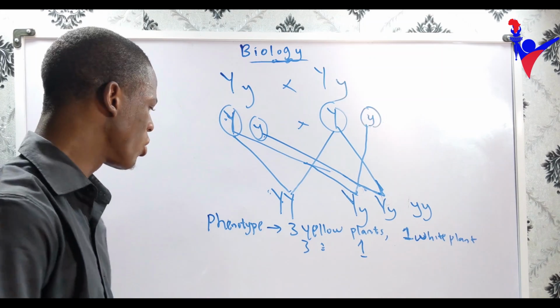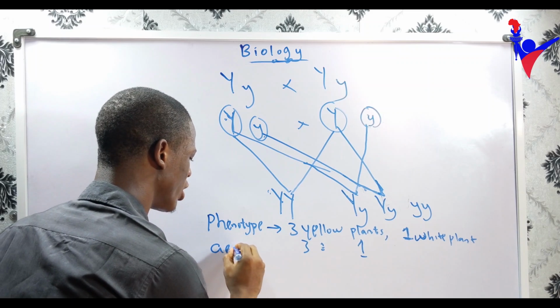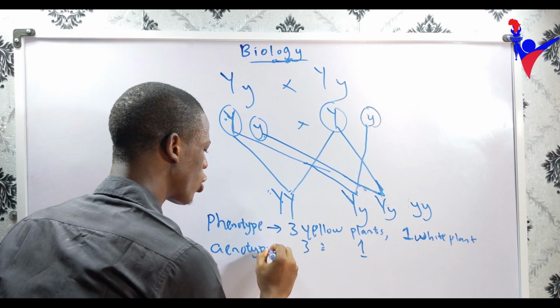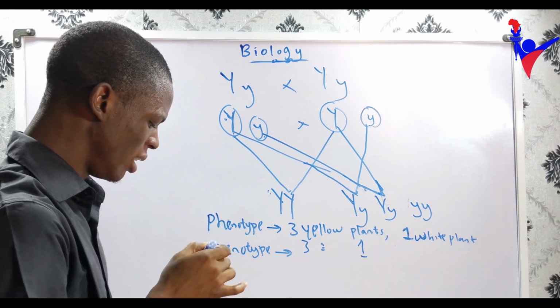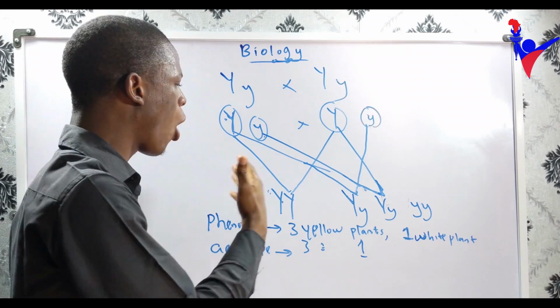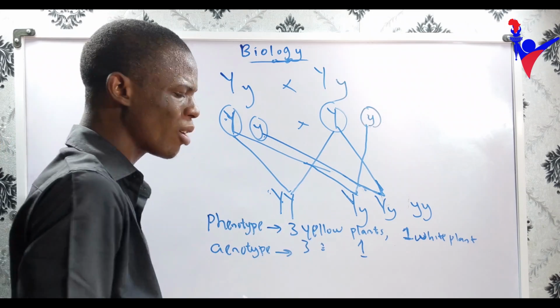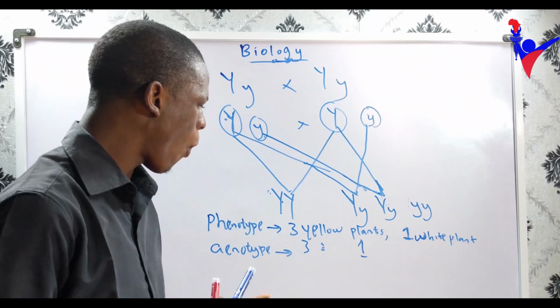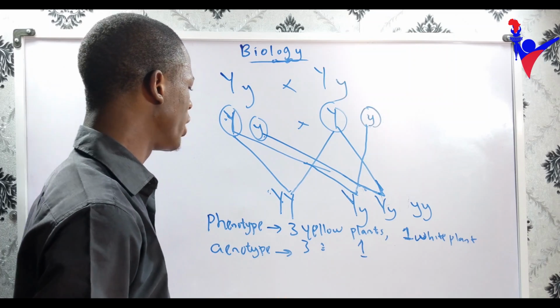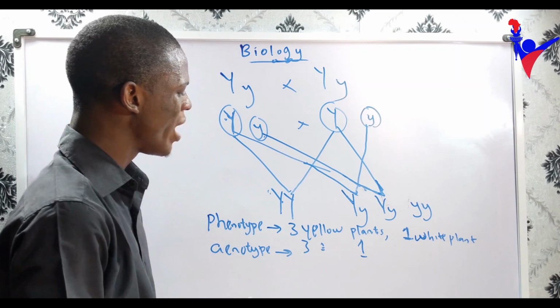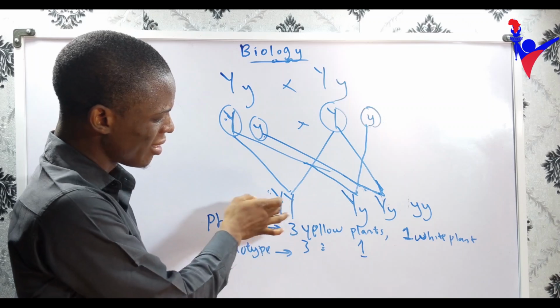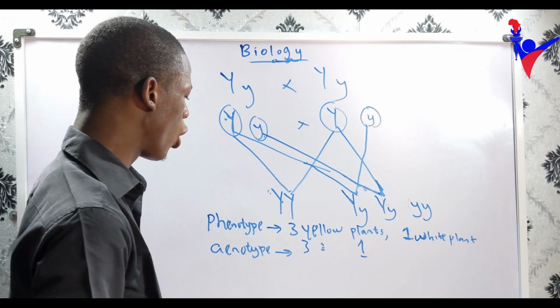But talking about the genotype, it is the whole composition of what makes up the organism. The genotype is talking about the whole composition of the organism, and for the genotype we have what we know as the same traits, which is your homozygous.